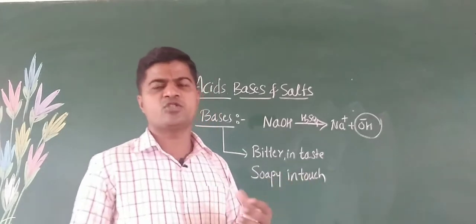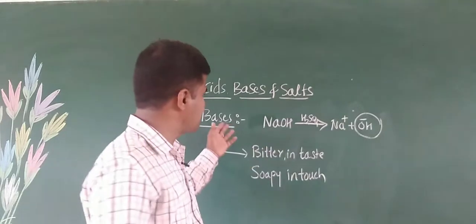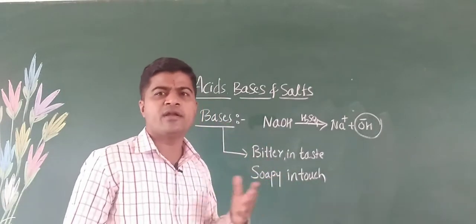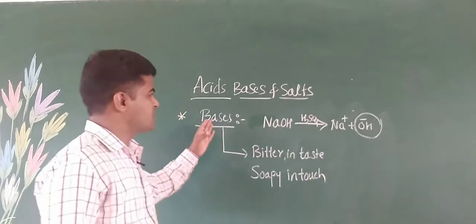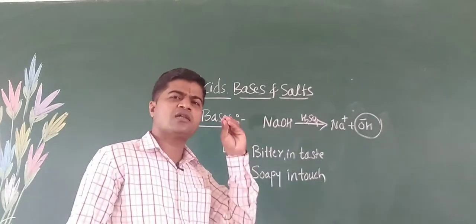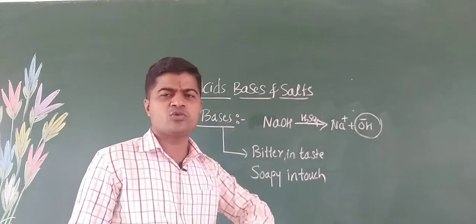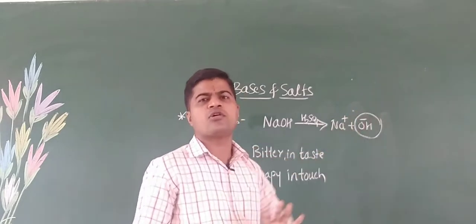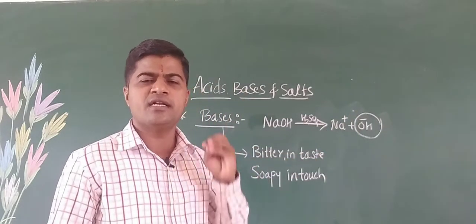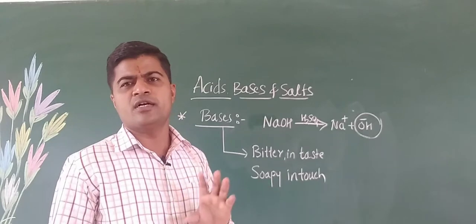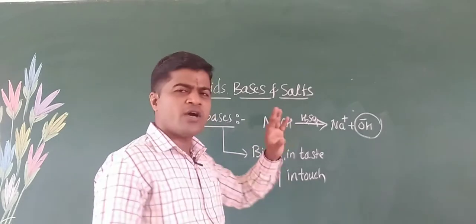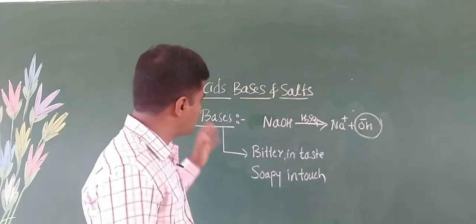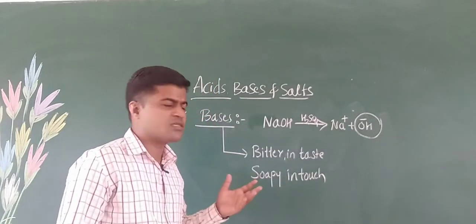Acids are sour in taste, but bases are bitter in taste. So the definition is, bases are substances which, when dissolved in water, give OH minus ion, and they are bitter in taste and soapy in touch. That is why the properties of acid and base are not the same. The property of acid is different and the property of bases is different.